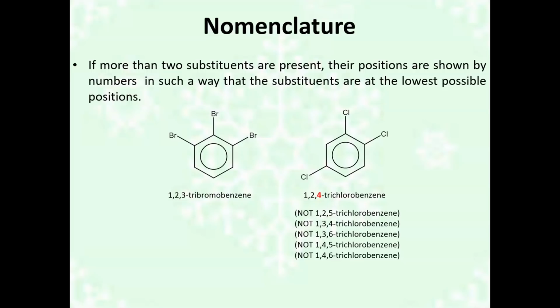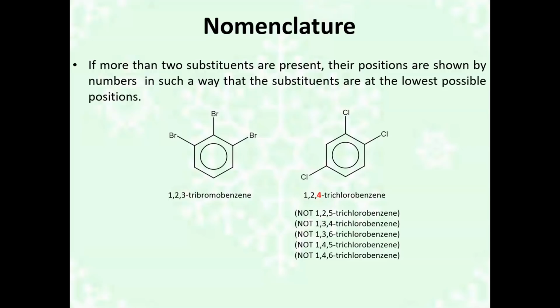In another example, we have 3 chlorines as the substituents, so we will have trichlorobenzene. We need to decide the numbering. You will get 6 possible answers for the numbering of chlorine. You can list out all the possible numbers first.